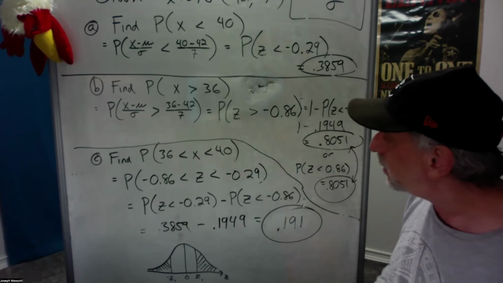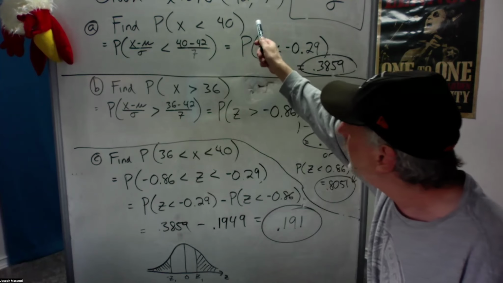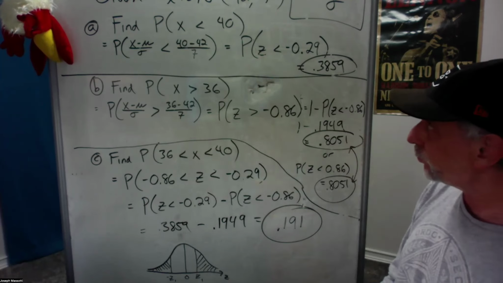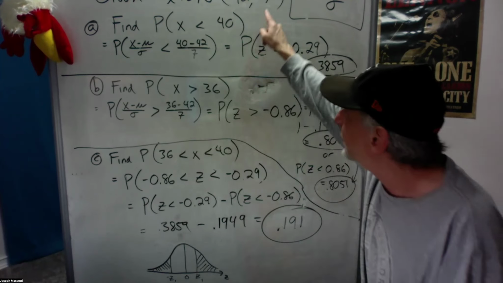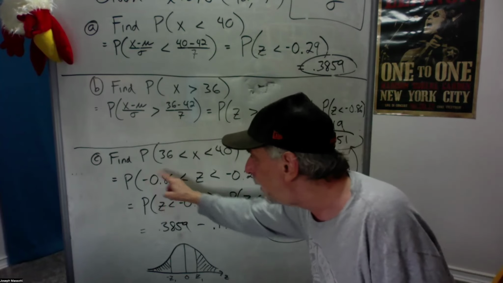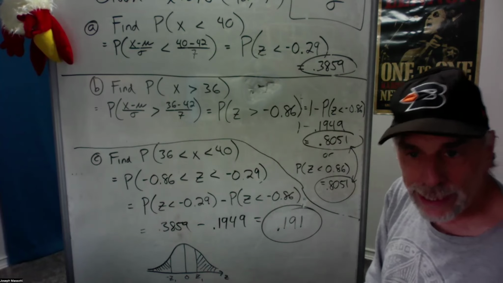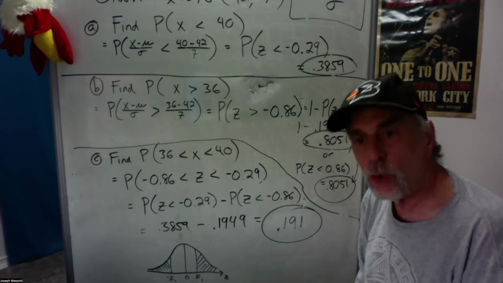Again, give it a common sense check. And yeah, 36 is 6 units below 42. The standard deviation is 7. So yeah, it's negative 0.86 standard deviations below the mean.